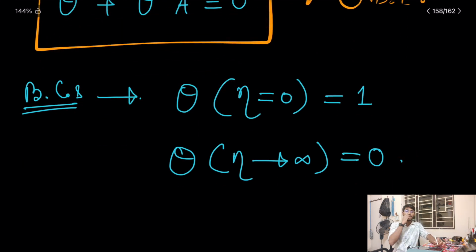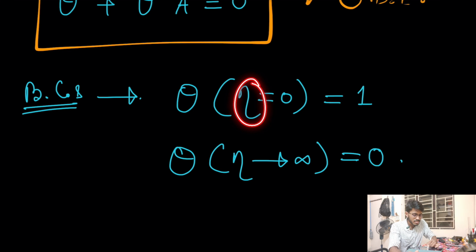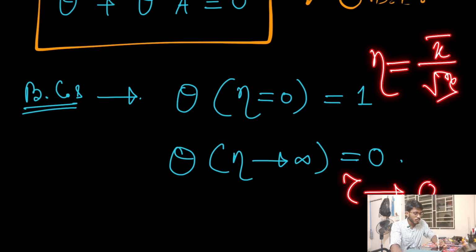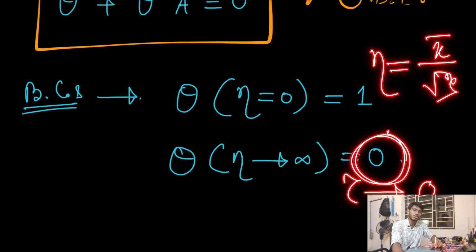But here the initial condition is already embedded, because in this tau the theta is already embedded. Eta is my x bar by root tau, right? If tau is equal to 0, which is my initial condition, then eta is going to infinity, and the initial condition was also equal to 0.